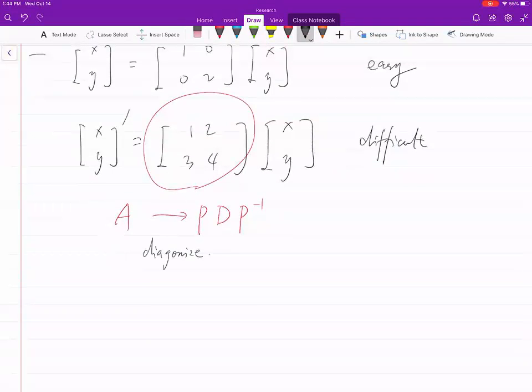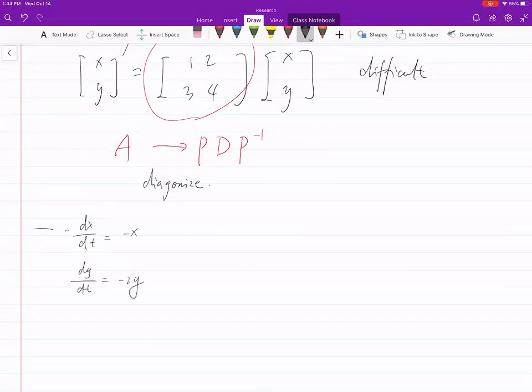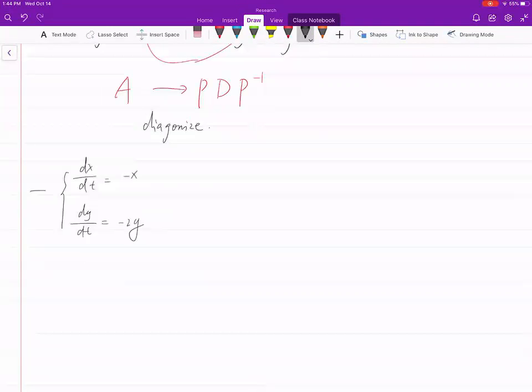All right. Second, you can solve this one.